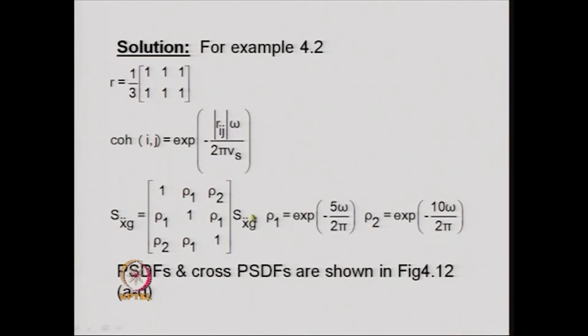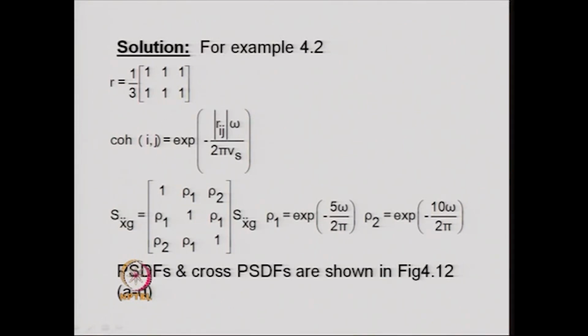And we have taken S x double dot g, a single quantity, common out of them, because a single power spectral density function is defined for the ground motion, and the excitations at different points vary because of the phase lag. So, this becomes a power spectral density function matrix, and this is the R matrix.